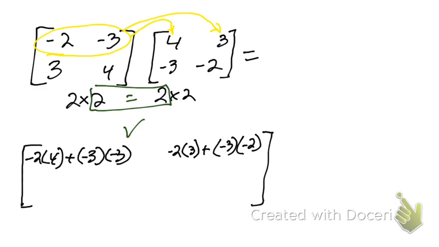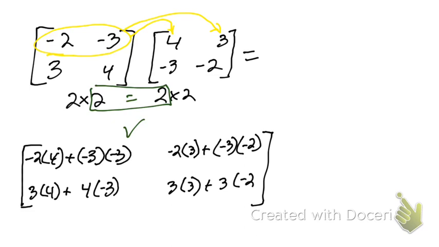Our bottom row should be 3 times 4, plus 4 times a negative 3. And then we should have 3 times 3, plus 3 times negative 2. Do those numbers look like the numbers you have so far?